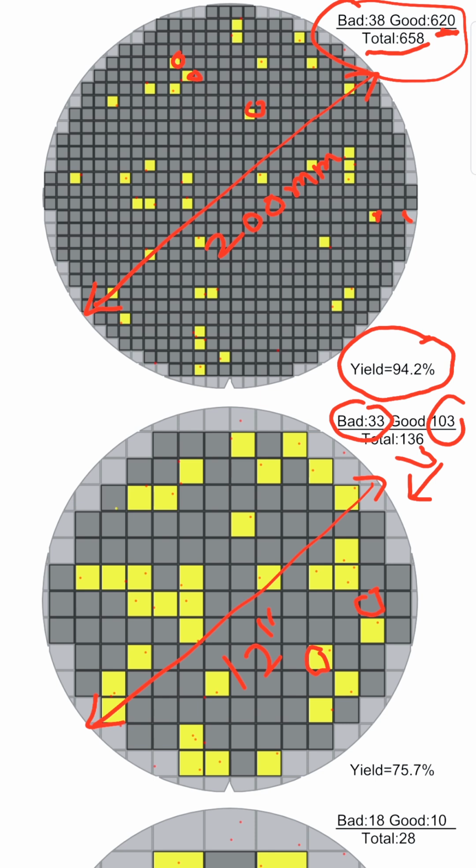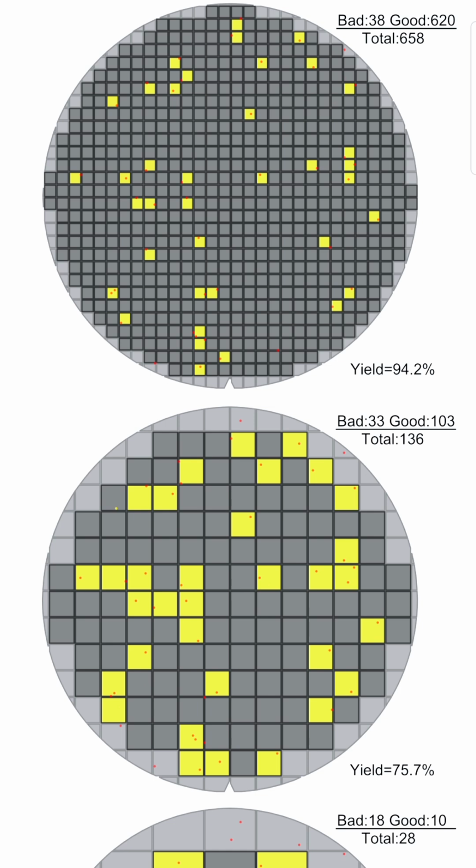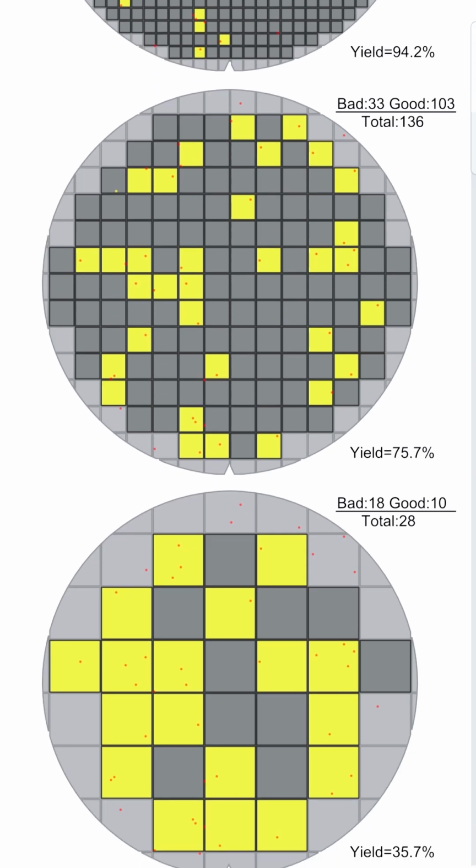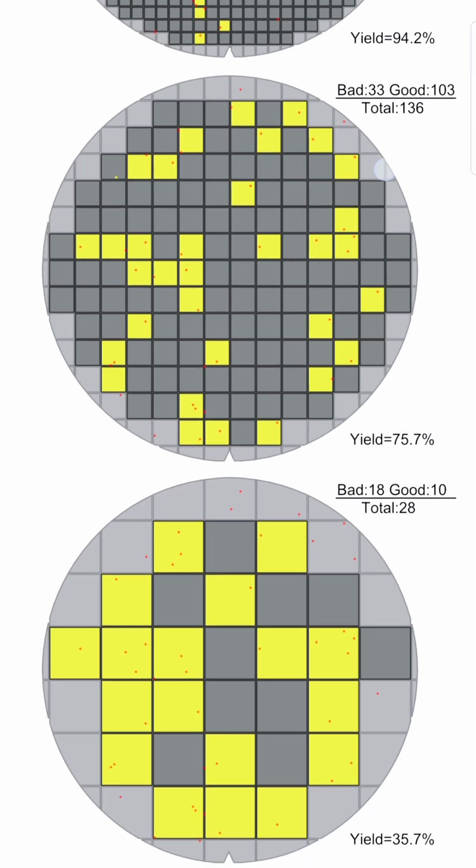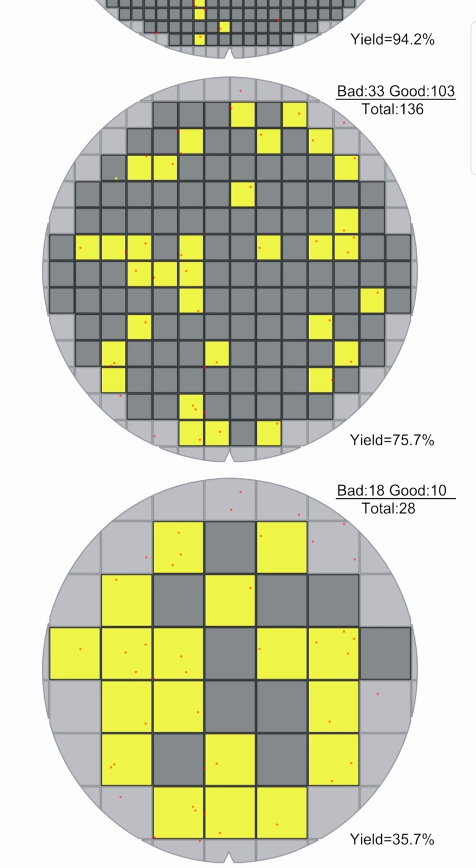So the percentage yield you can calculate comes out to be 75.7%.